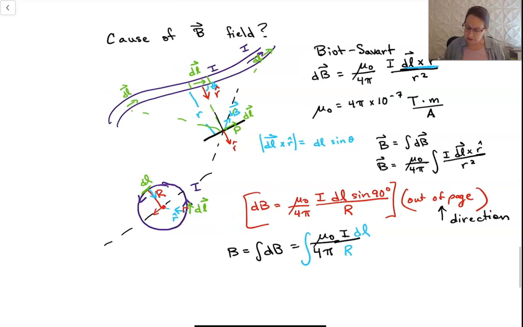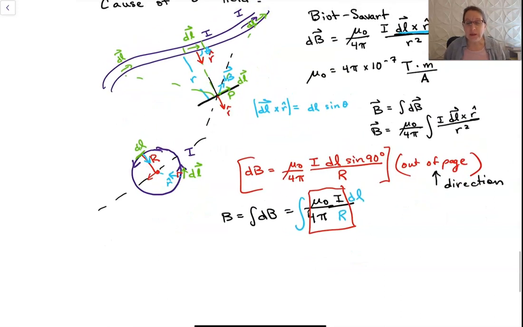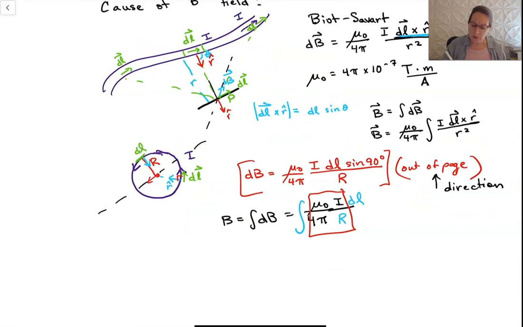Notice that all of these are constants, so this is a really easy integral to do. So my magnetic field is just mu naught I over 4 pi, sorry, that's an r squared. Somehow didn't keep my squared, so r squared.